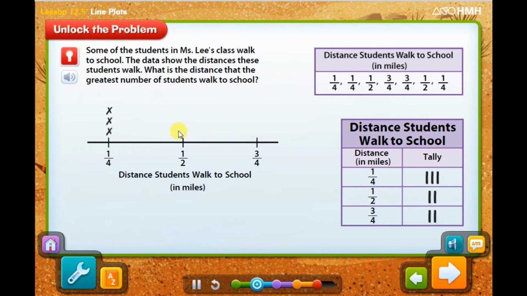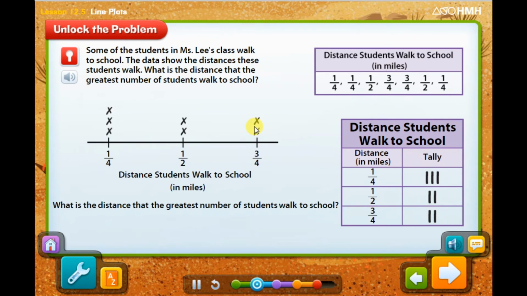How many tallies should be above 1/2? 2 X's. 2 students walk 1/2 mile, so there are 2 tallies. How many tallies should be above 3/4? 2 X's. 2 students walk 3/4 of a mile, so there are 2 tallies.